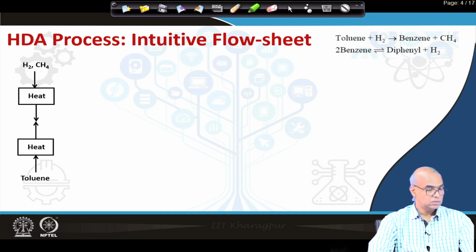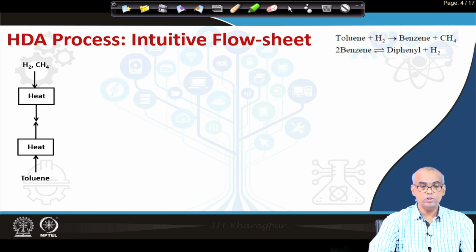So, before we go into the details of decisions at level 2, we quickly review the hydrodealkylation process of toluene that we discussed in the previous class. You know that toluene reacts with hydrogen to produce benzene and methane, and then 2 molecules of benzene undergo a reversible reaction to produce 1 molecule of diphenyl and 1 molecule of hydrogen.